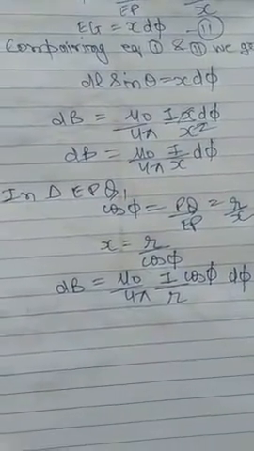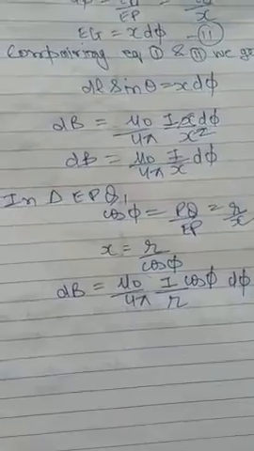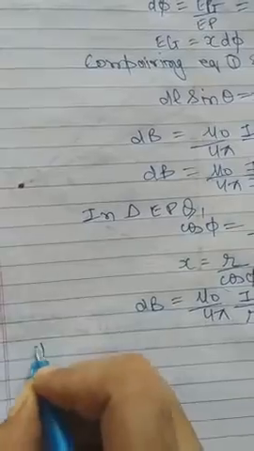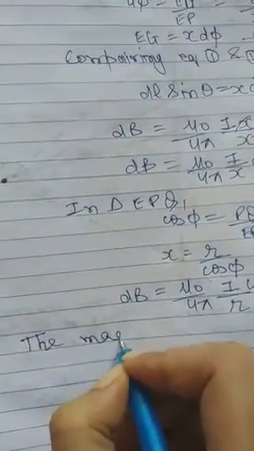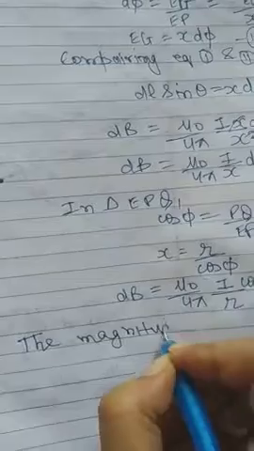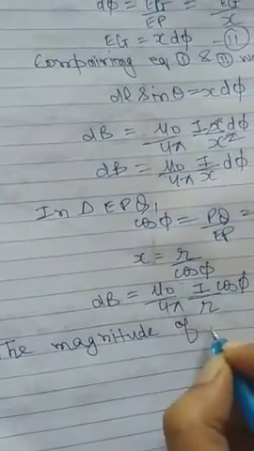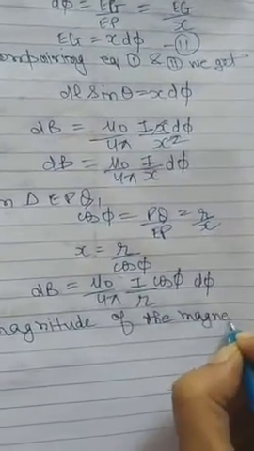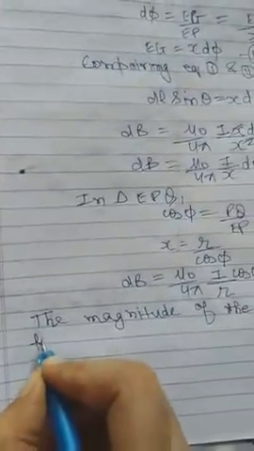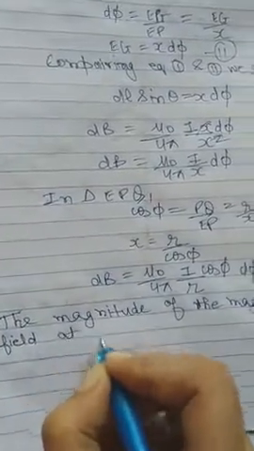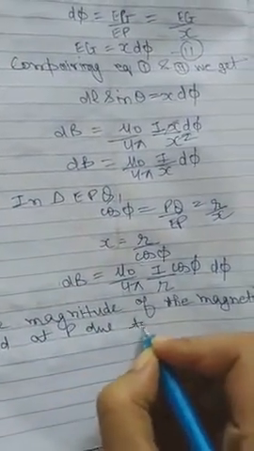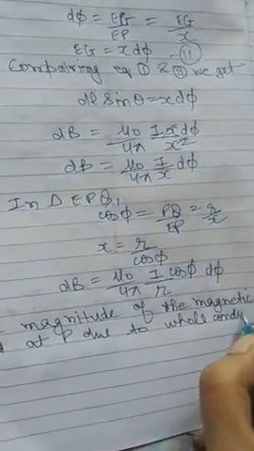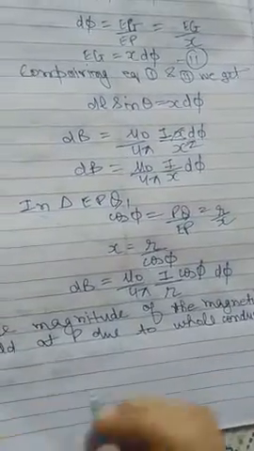Clear? Now to find out the magnitude of magnetic field at point P due to the whole conductor, what we have to do?